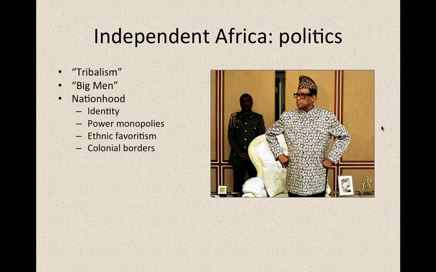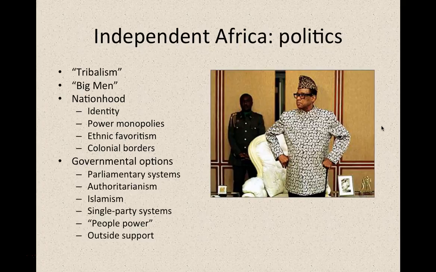And so, Idi Amin in Uganda, for instance, came from a relatively small ethnic group in Uganda, and after he became this supreme dictator, he ended up doing a great deal to suppress every other ethnicity, even carrying out massacres of rivals, and did everything he could to bring privilege to the people who shared his ethnicity. That's an extreme case of ethnic favoritism, but it's not so far out of the norm that we shouldn't discuss it at all.